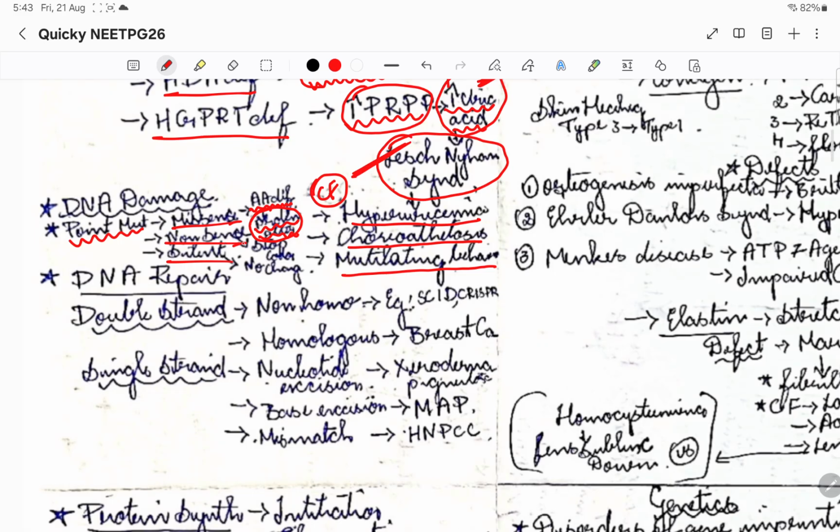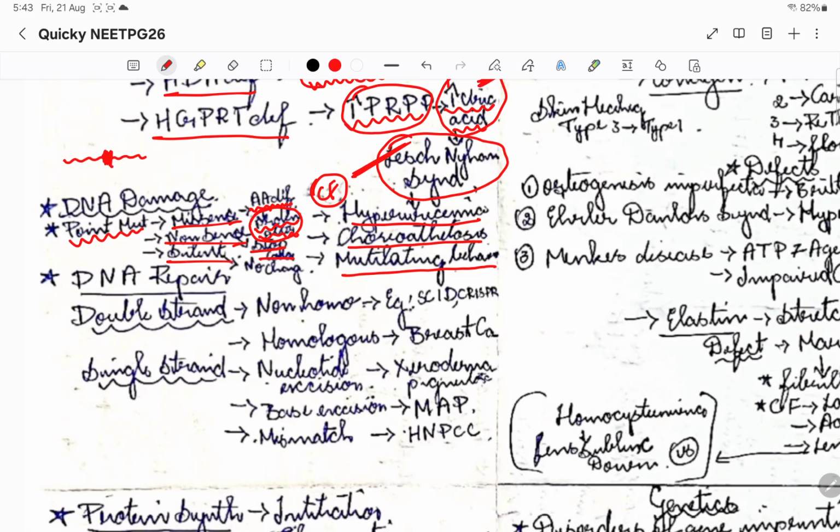Okay, if there is nonsense, it is going to be a stop codon. If there is a nonsense mutation, what is going to happen is it will become a stop codon. Okay, there is a protein synthesis happening. See, think of it in this way: there is a protein synthesis happening from a DNA, and suddenly a different amino acid comes up here.